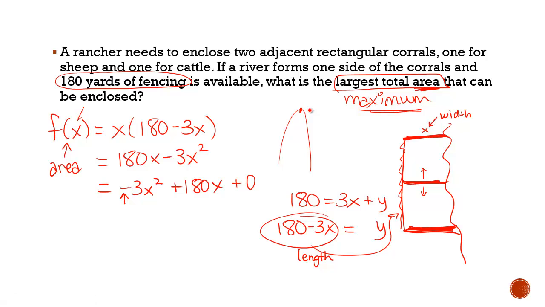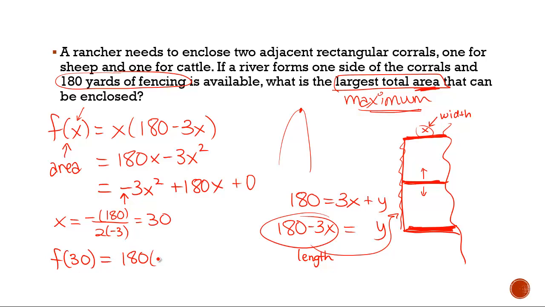Now we can either complete the square, or we can know that the maximum x value will be negative b over 2a. So that's negative 180 over negative 6, which gives us 30. So the maximum width will be 30, but we now need to plug it back in to find the maximum area.